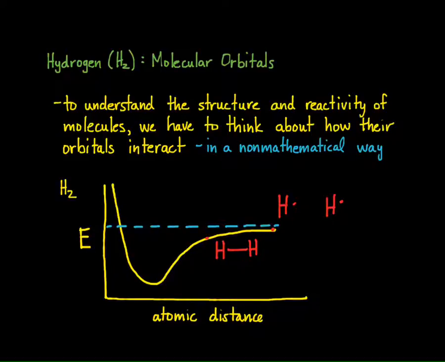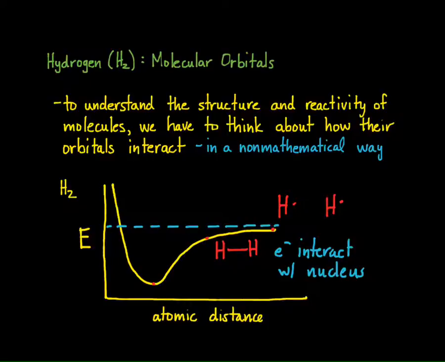Because at this stage, the electrons from one of the atoms start to interact with the nucleus of the other atom. So at this particular distance, now we have what's called electron nucleus interactions. Again, electrons of one atom are beginning to be attracted to the protons in the nucleus of the other atom. And energy continues to be released until we reach this minimization.